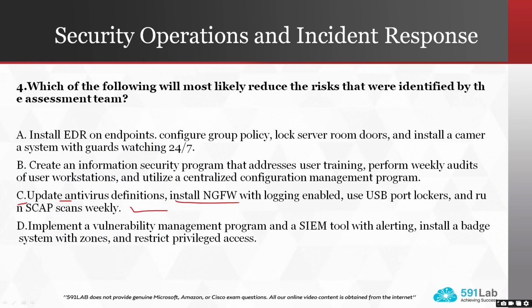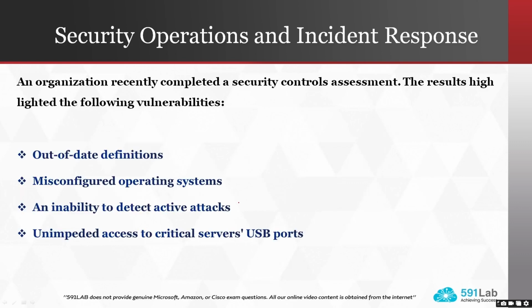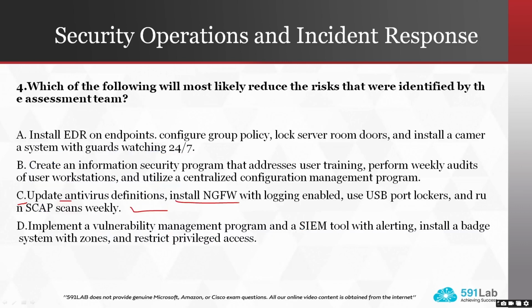For this, the best solution is installing a next generation firewall with logging enabled, since logging can provide better intrusion detection and potentially identify ongoing attacks. For the fourth, unimpeded access to critical server USB ports, that is simple. We can use a USB port locker, since it physically prevents unauthorized access through USB ports. So the best option is C. So the correct answer is C.